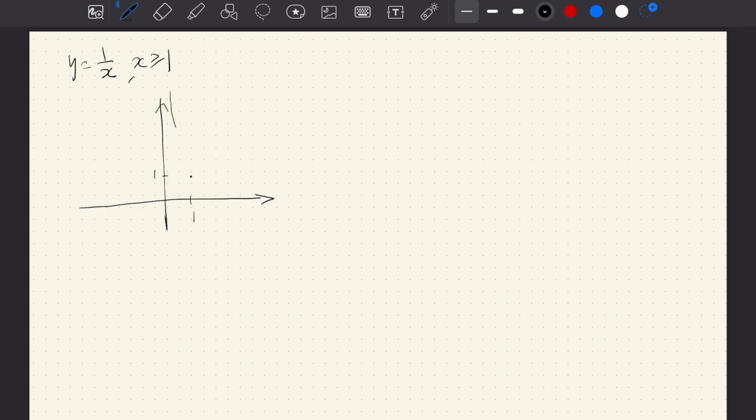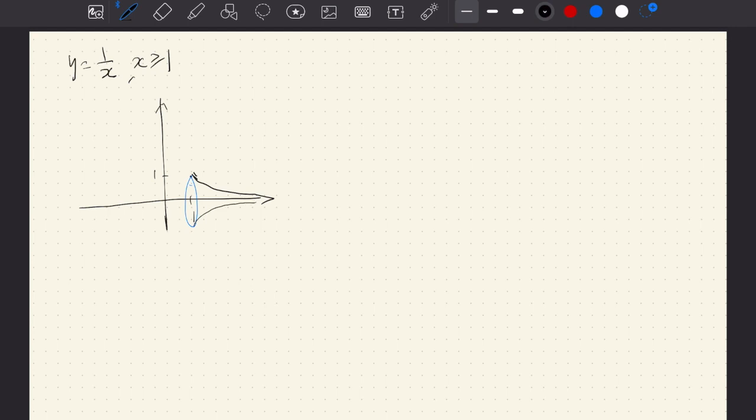If we draw the whole y equals 1/x, it should look like this. But now we're not looking at where x is smaller than 1. So if we revolve this curve along the x-axis, we would get something like this.